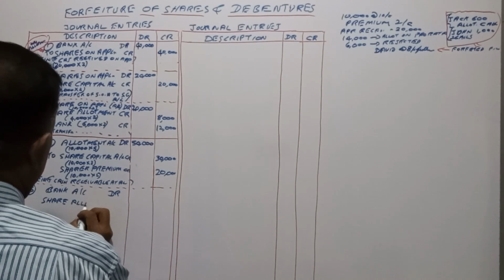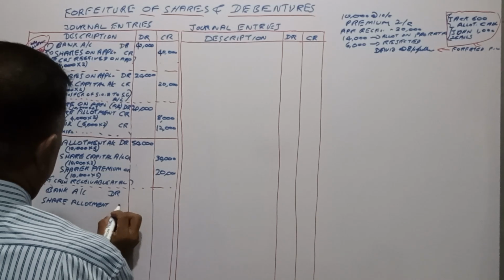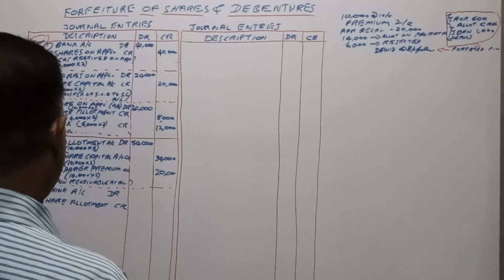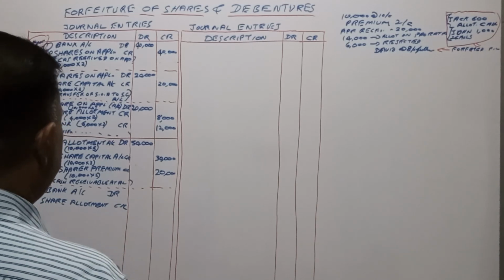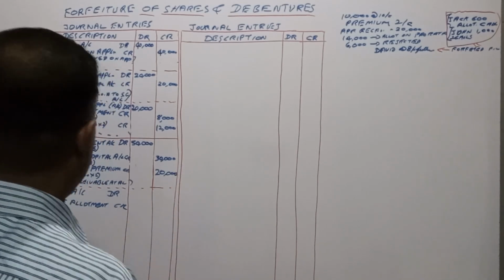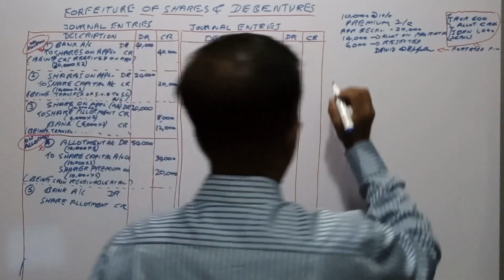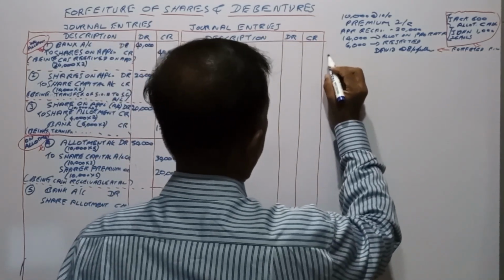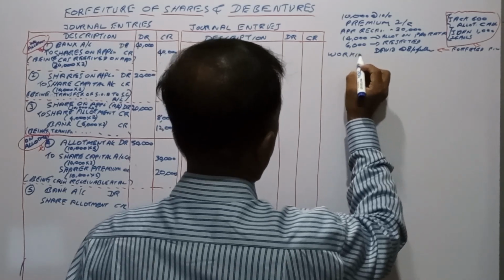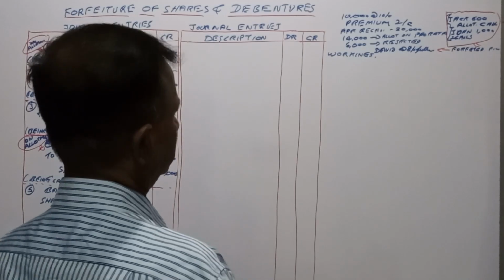So we have to find how much we have to receive: cash receivable at allotment level. Cash workings.